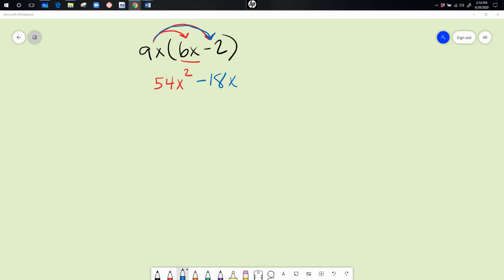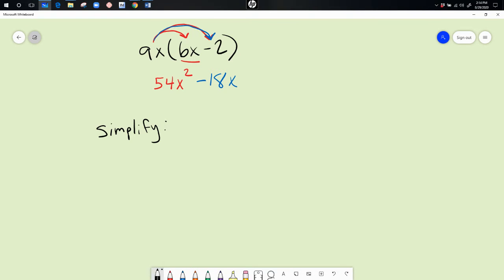Now we're going to take it one step further, and I want to talk about the word simplify, because in math we see this word quite often. What does it really mean?